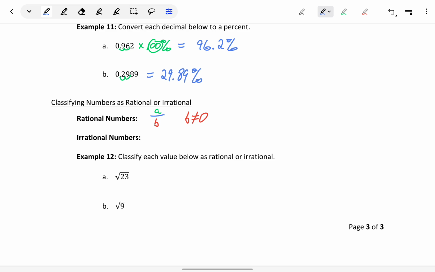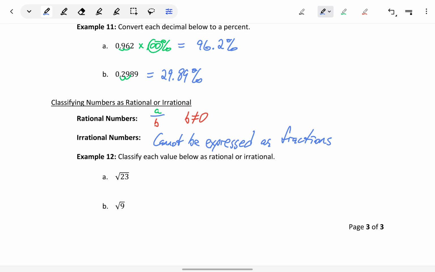Irrational numbers, then, are numbers that cannot be expressed in that form, or cannot be expressed as fractions. This means that we can classify numbers another way as either rational or irrational, depending on whether or not we can represent them as a fraction.